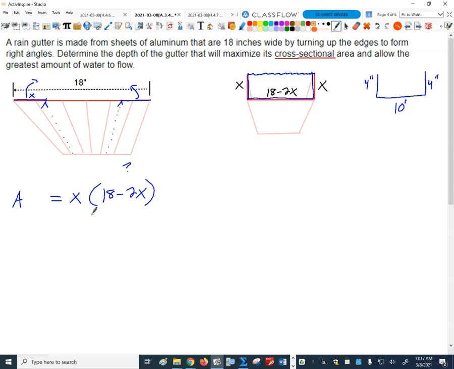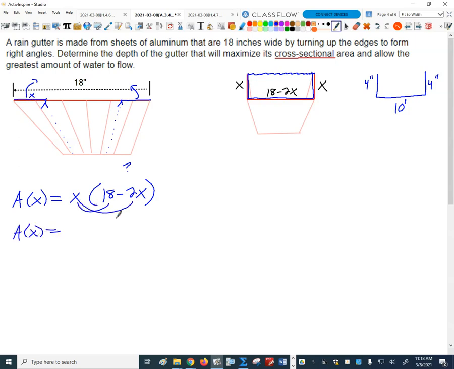Now look, I've only got one kind of input, x. So I could call that function A of x if I want to, right? Because I'm inputting x's. That's the only thing I need to input to make my calculation of my output area, right? And this looks an awful lot like the last example we did. If I distribute that x, would everybody agree?